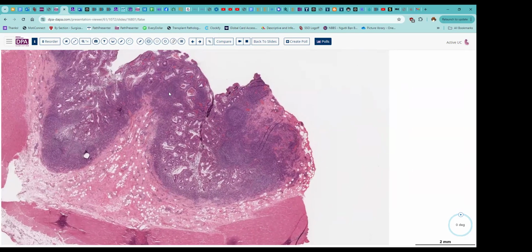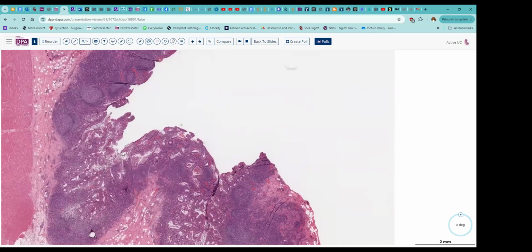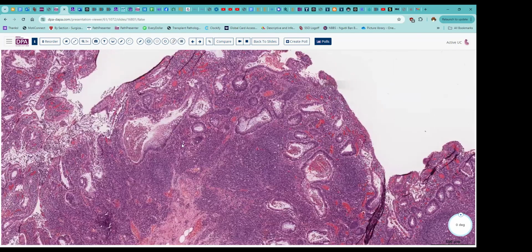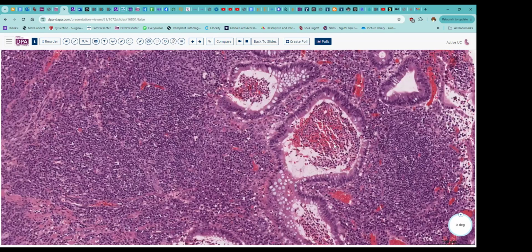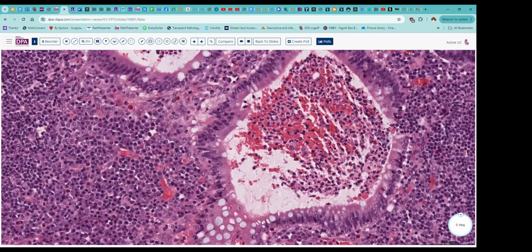And it looks as though we may be in the terminal ileum. We certainly have germinal centers, and we have here a nice appearance of distorted glands with active crypt abscesses, as you can see here, this nice luminal appearance with lots of neutrophils involved in the lesion.